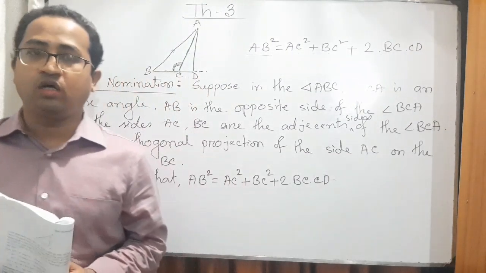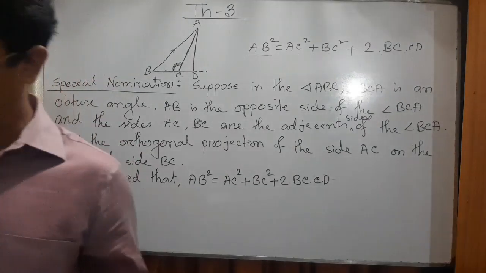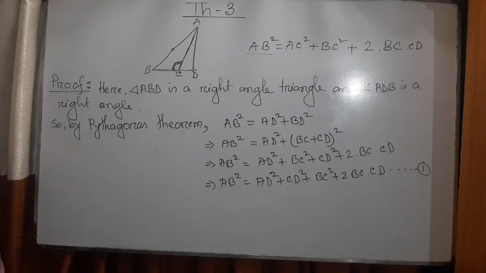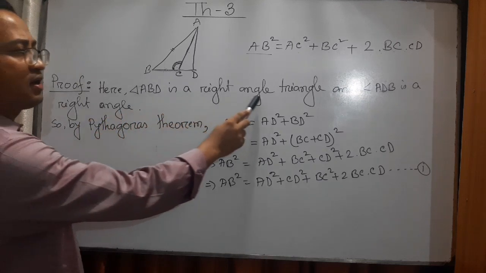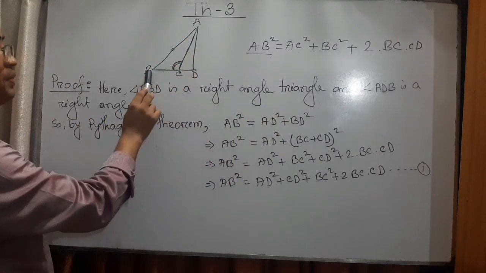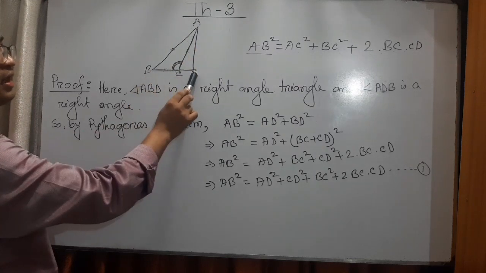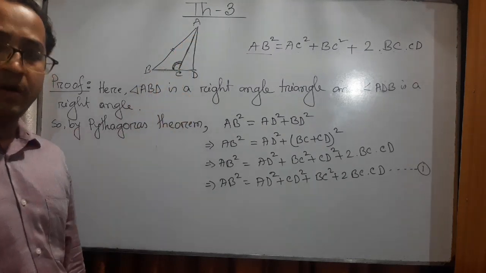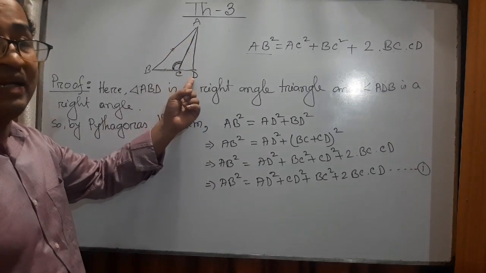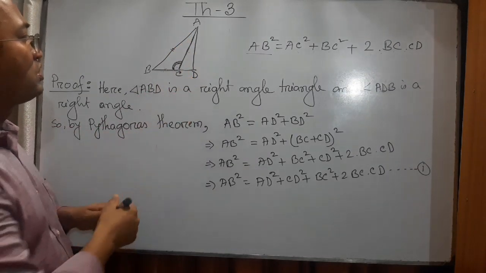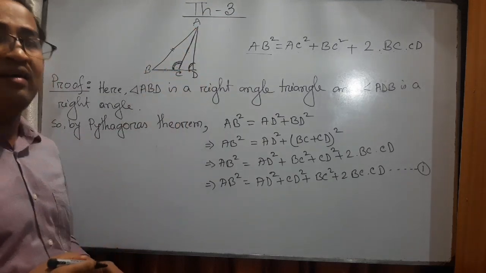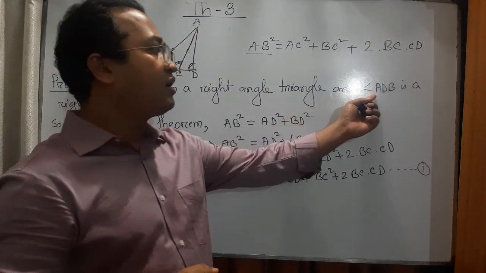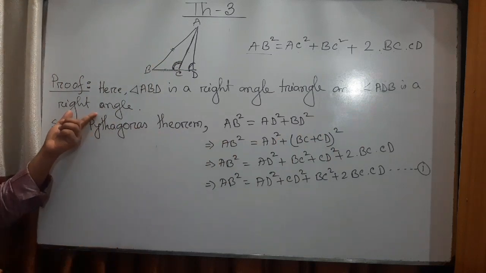I will show you the proof now. Okay, look, proof. Here triangle ABD is a right angle triangle. Since AD is the perpendicular, we have drawn AD as a perpendicular, so this is a right angle. So ABD is a right angle triangle and ADB is a right angle.